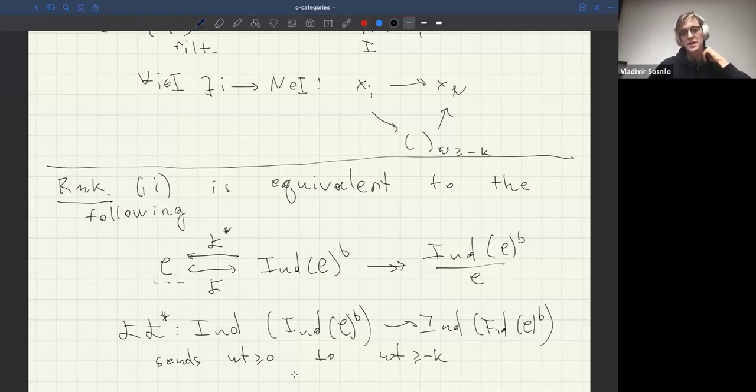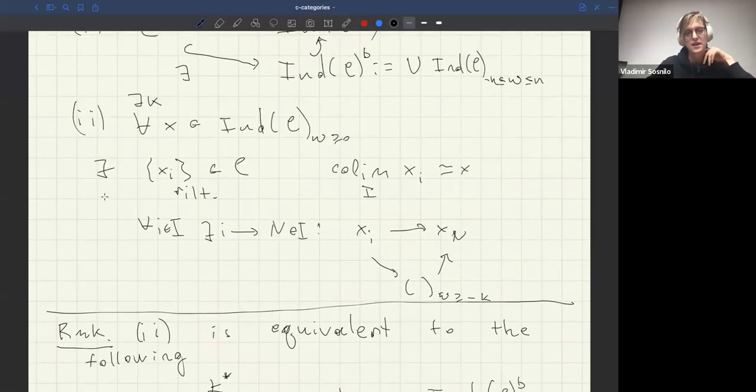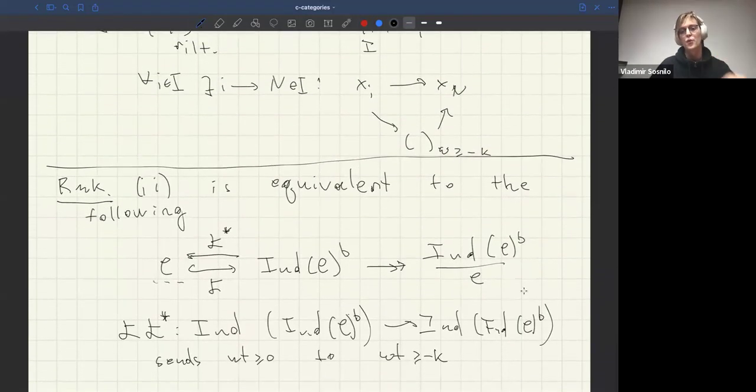And in particular, from this reinterpretation, you can see that if 1 and 2 are satisfied, then for this quotient category 1 and 2 will be satisfied, but 2 will be satisfied for greater K.